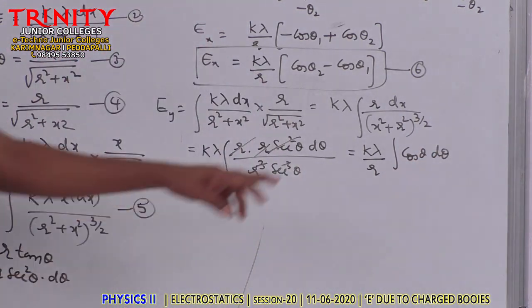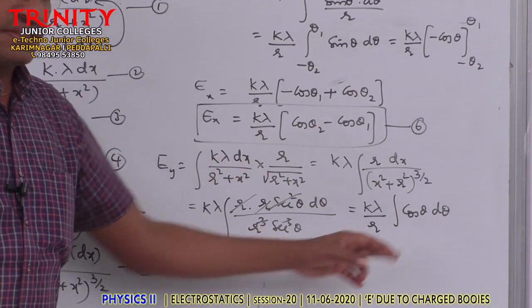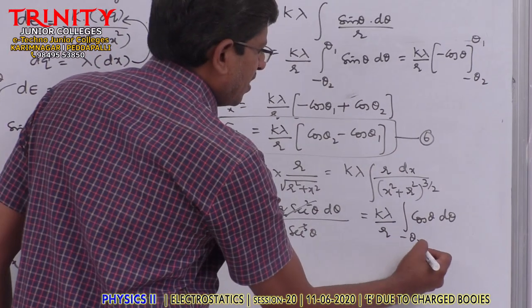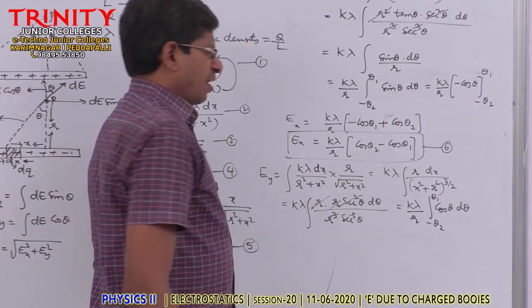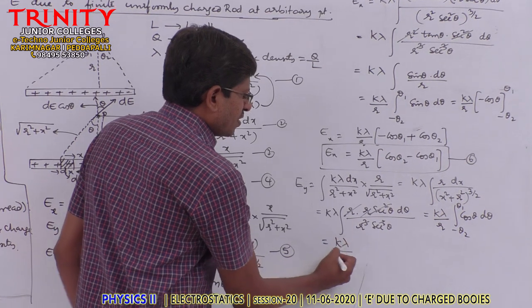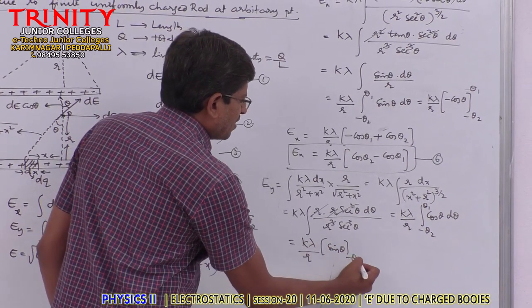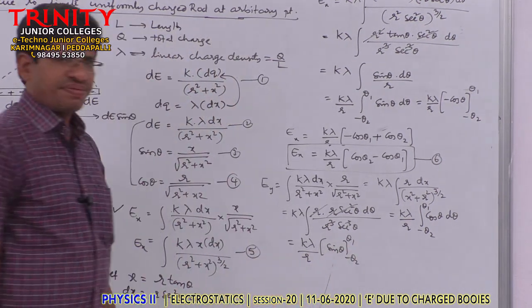See here, if you compare, the only difference is that earlier we got sine, now we got cos, and the integration should be done from minus theta 2 to plus theta 1. What is the integration of cos? The integration of cos is sin theta, and the limits are minus theta 2 to plus theta 1.